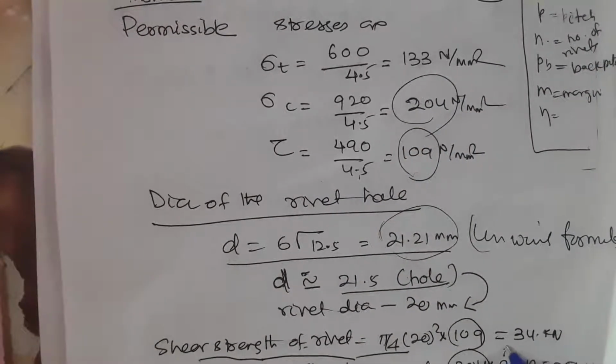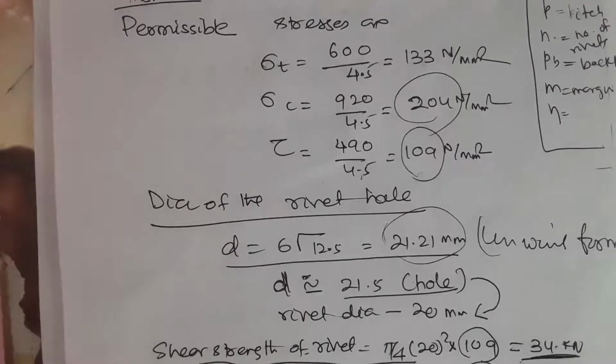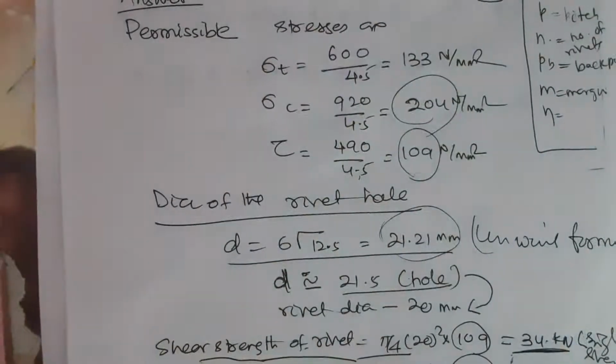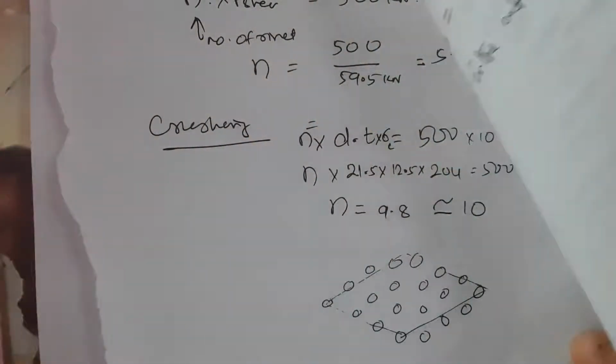So per single rivet, the shearing strength is coming out to be 34 kilonewton in single shear. And for crushing it is coming out to be 51.1 kilonewton.